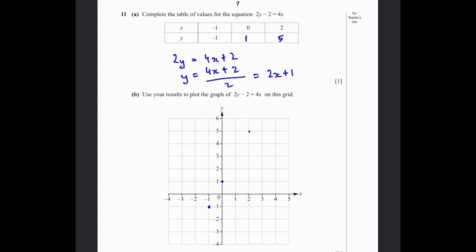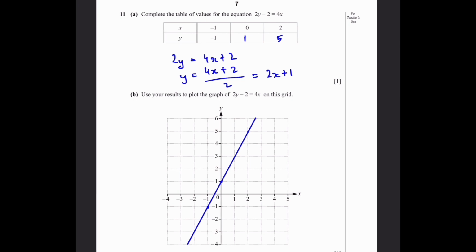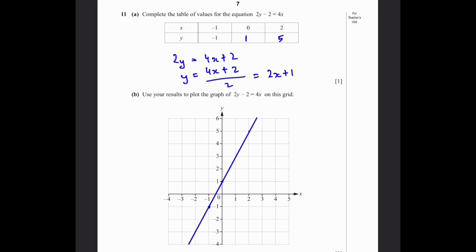Now let's just plot the graph. It'll be somewhat like this. And we can actually extend this line so that it goes all the way to here and this one to here. It's not really necessary to extend it, but to make it clearer, I've done so.